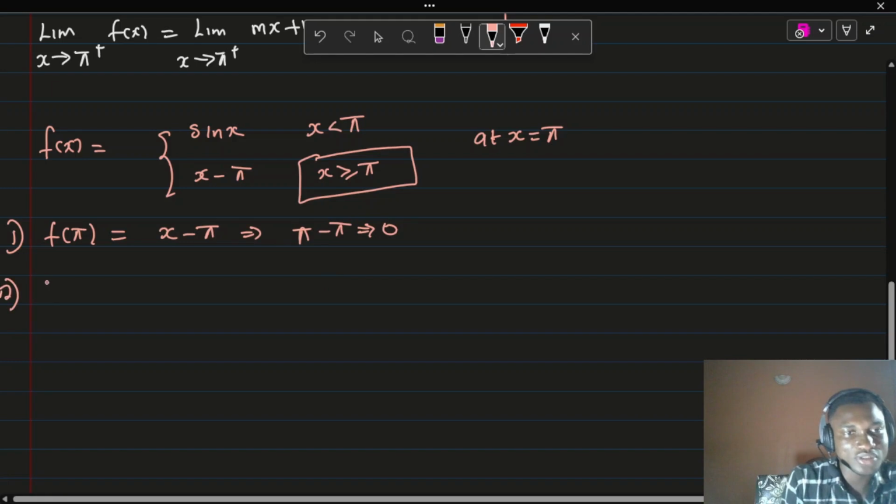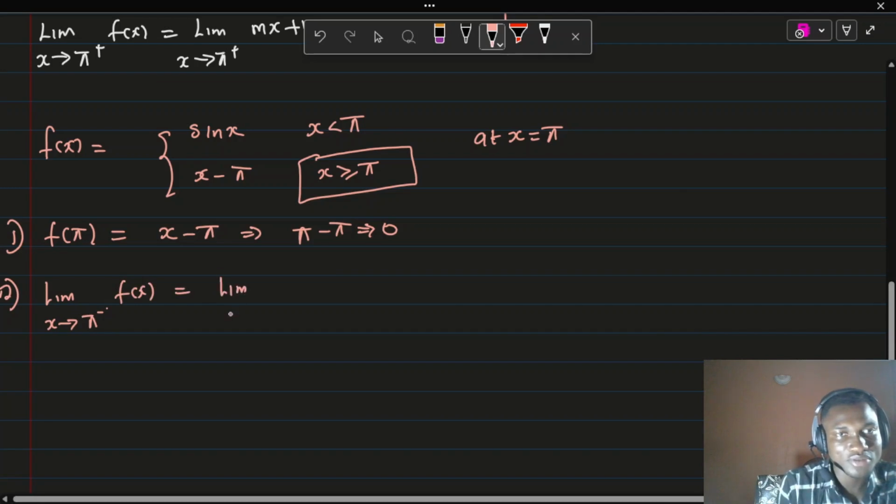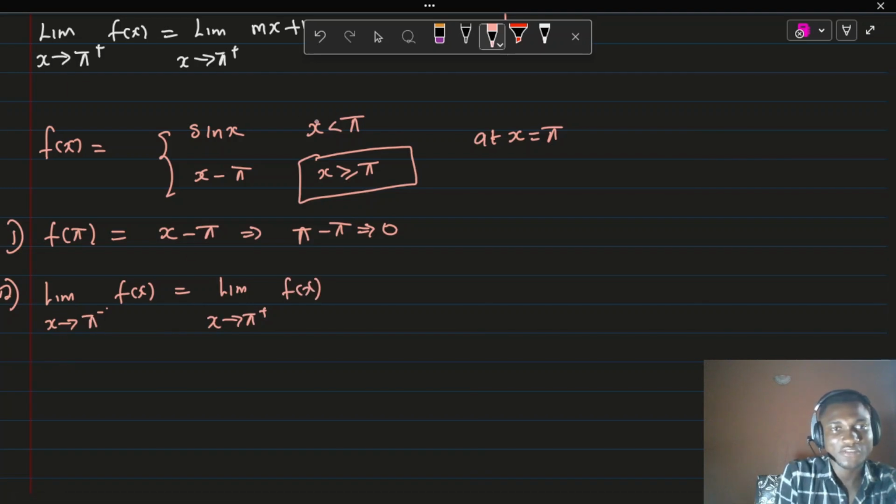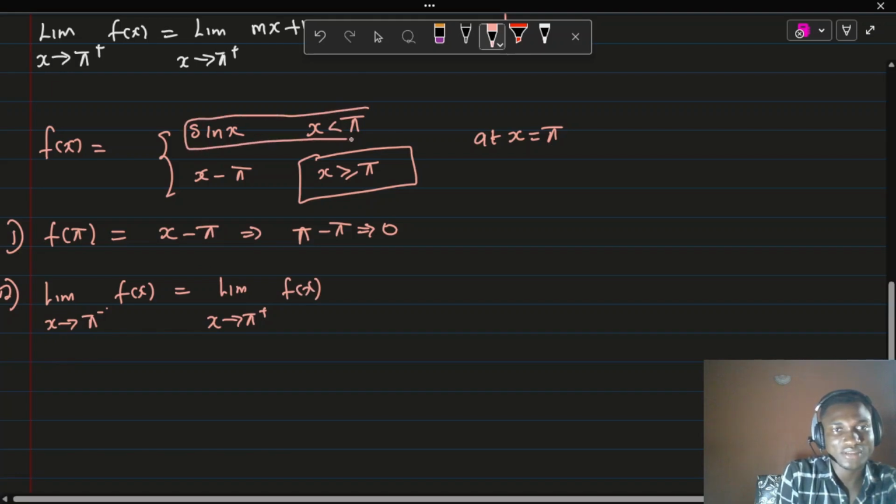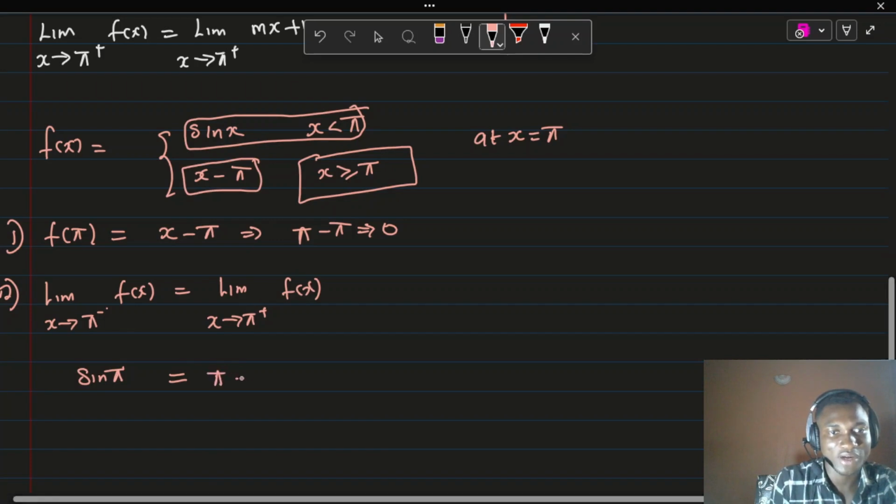The second one is that the limit from the left hand side of pi must be equal to the limit from the right hand side of pi. So let's check them. The limit from the left hand side of pi is sine x, so that will be sine pi using direct substitution. The limit from the right hand side of pi will be pi minus pi.